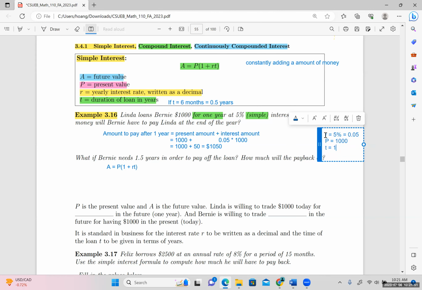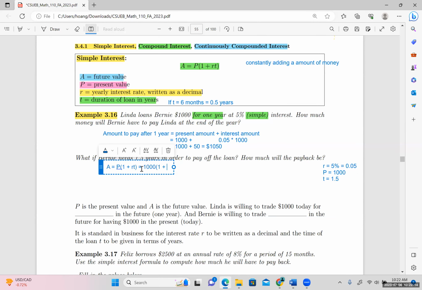All right, so then we can just substitute 1,000 times (1 plus 0.05 times 1.5).